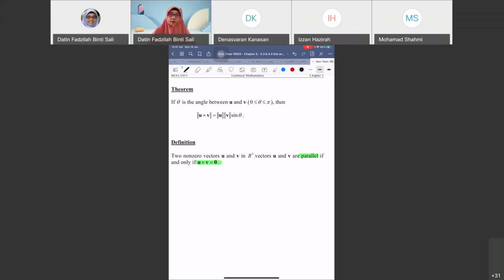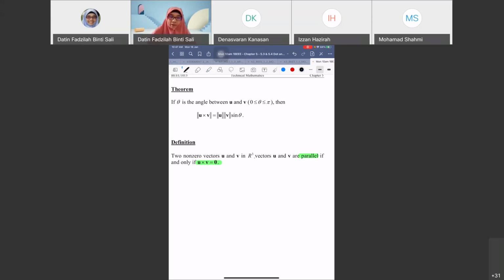So if u cross v equals 0, the two vectors are said to be parallel. If u dot v equals 0, those two vectors are said to be orthogonal.